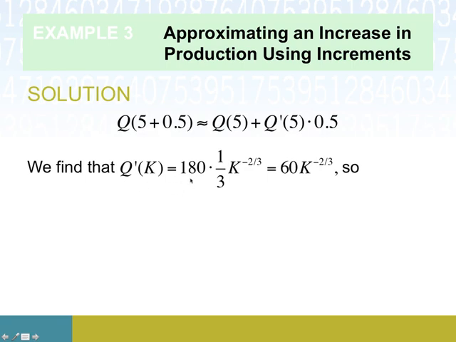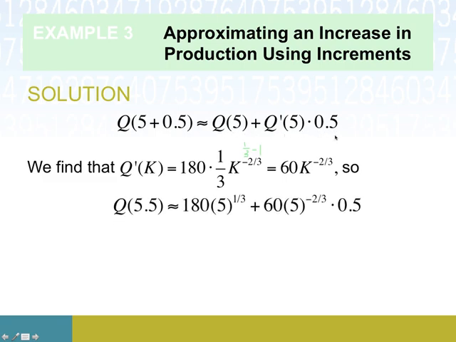We use the power rule for Q. The 1/3 power came down here, and then we decreased the exponent by 1. So this piece up here is the 1/3 that used to be there minus 1, due to the power rule. 180 times a third is 60. So we have 60K to the negative 2/3 for our derivative function. That's really the only computation that we have to do as an aside to this value up top.